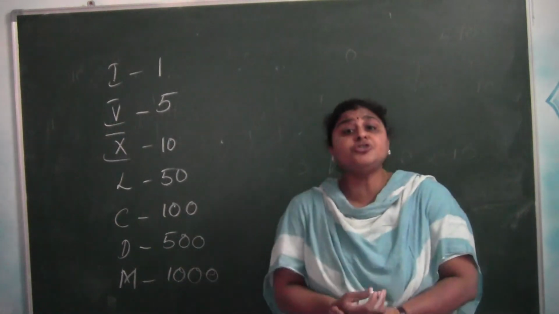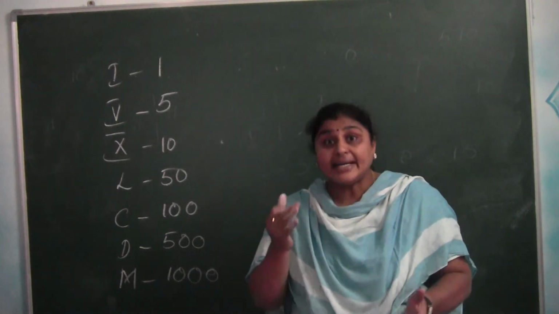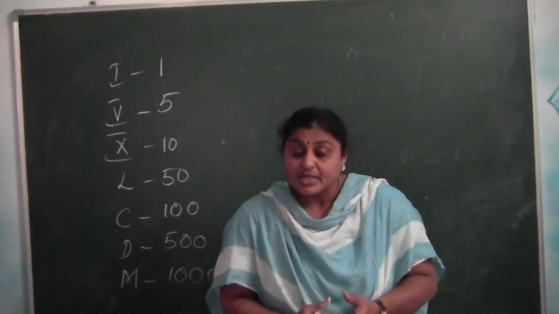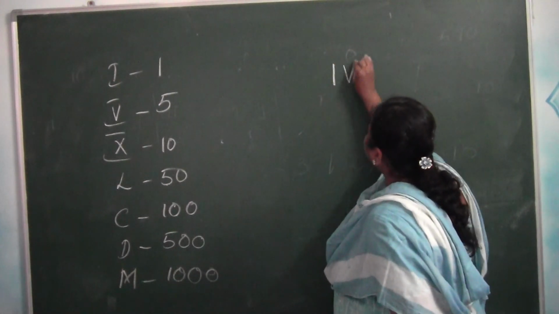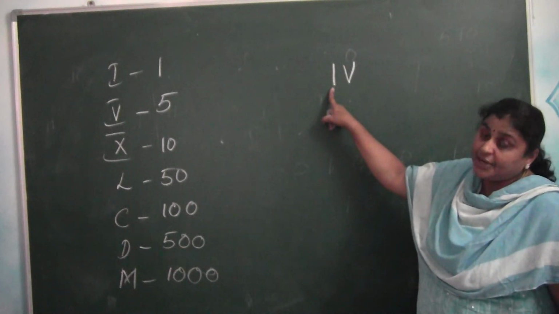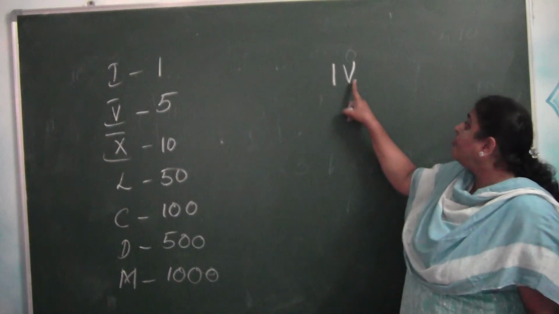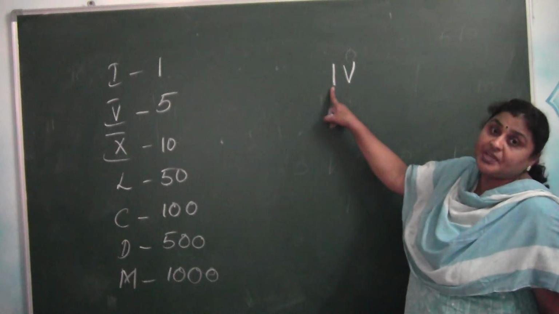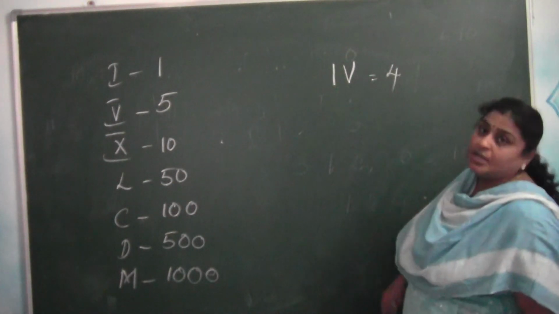And what are the rules you are following? Suppose I have to write a Roman numeral, you have a few rules: addition or subtraction. Suppose I have here I and V. If I am writing I towards the left side, it means I have to subtract. V stands for 5 and I stands for 1. 5 minus 1 is nothing but 4.